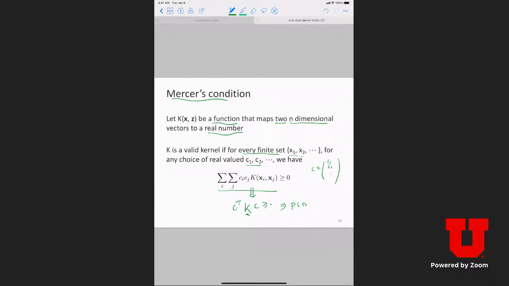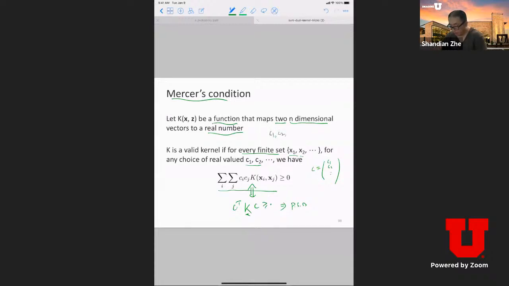For the c values, we're saying c_i multiplied by c_j multiplied by the result of the kernel function. What do c_i and c_j represent? Suppose you choose n vectors, so you have arbitrary values for the n coefficients c1 to cn.